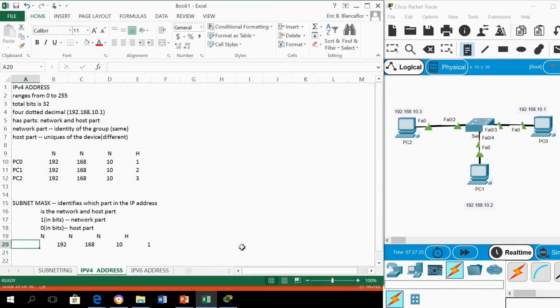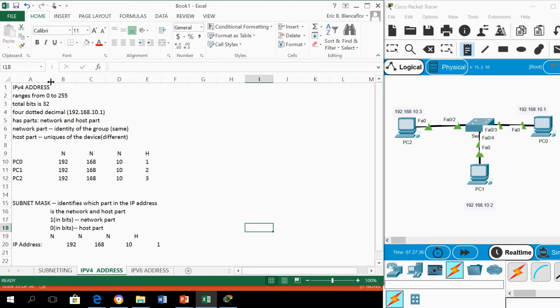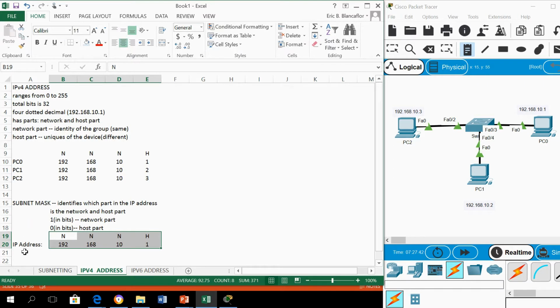If we were to consider its subnet mask, by the concept we mentioned, I'll just use SM for the subnet mask.